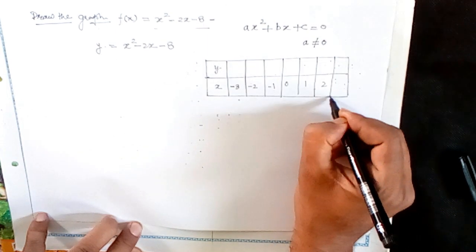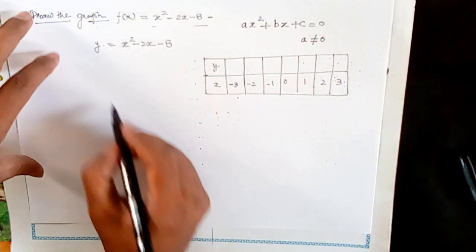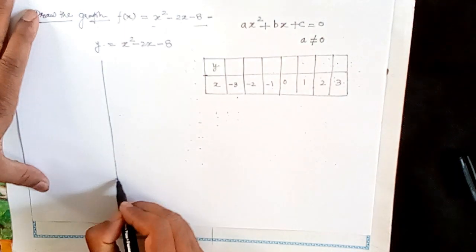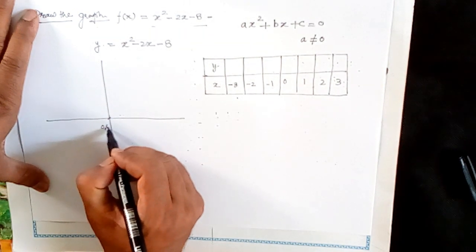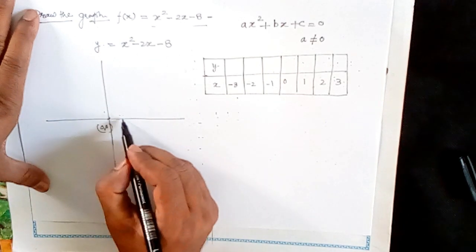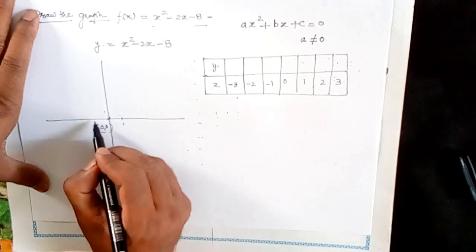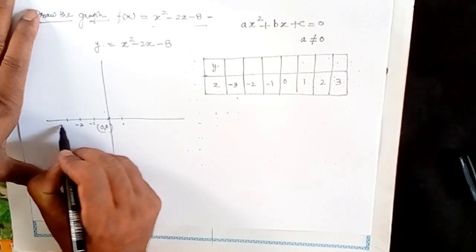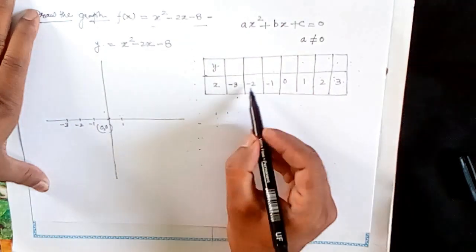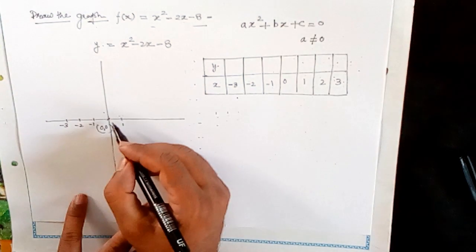Here we have 0, that is the origin. Here we will go with 1, here with minus 1, minus 2 and minus 3. So we have taken values of x on both sides, the right hand side as well as the left hand side.